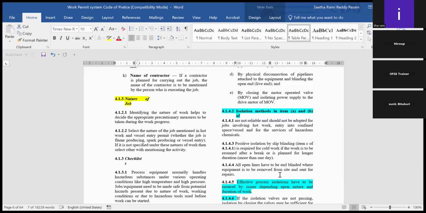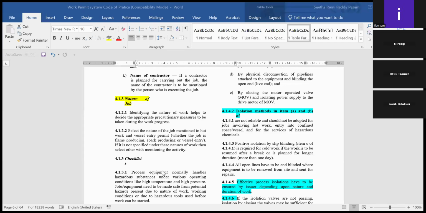Under cold work, what are the various activities in your organization that fall under it. In the same way you define all other work permits, like hot work, height work, etc. If it is a regular activity, is one SOP okay, or do we need to take this work permit every time?